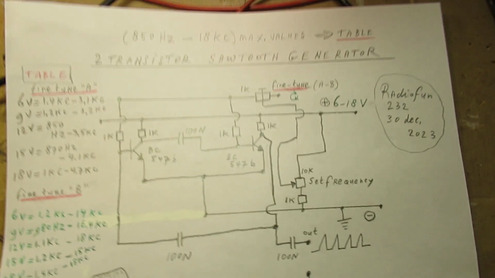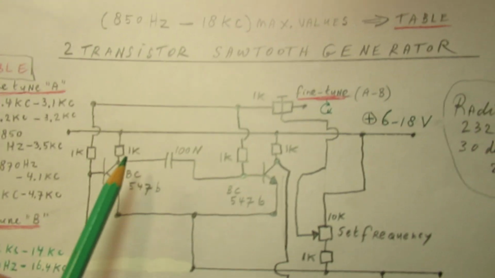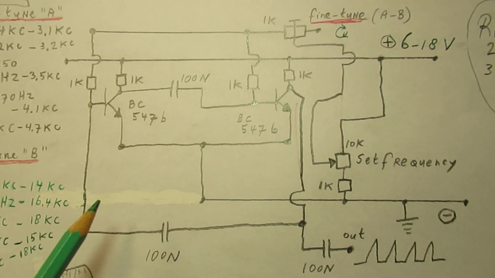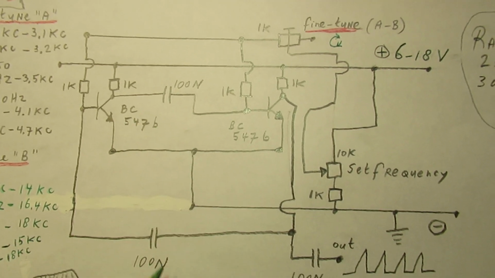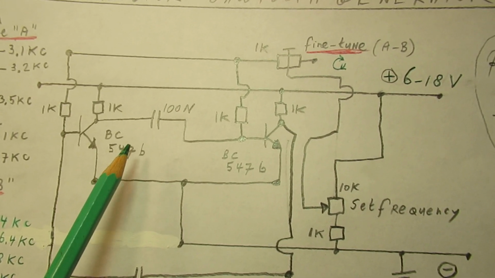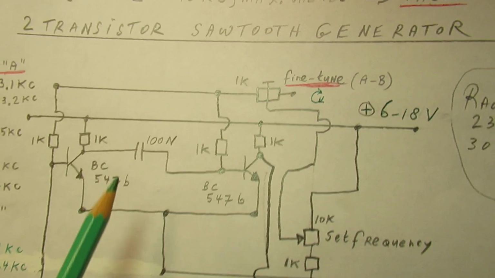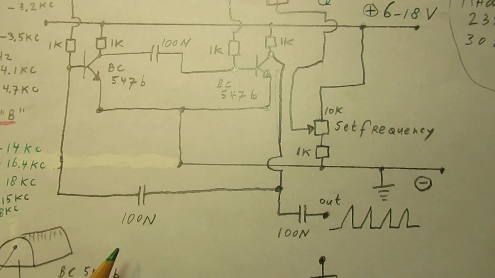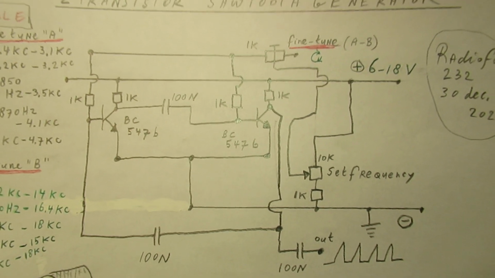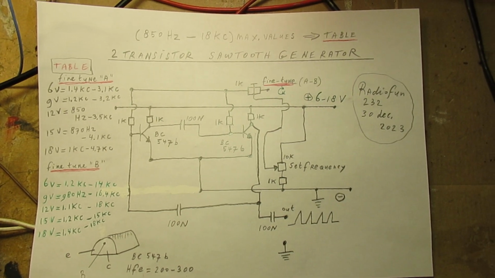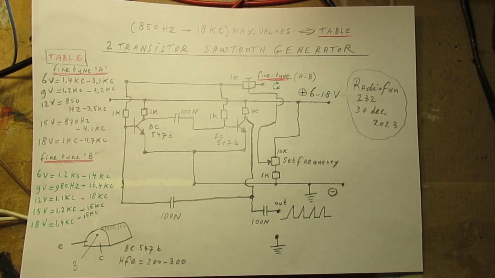By the way, of course, when you change the value of these 2 capacitors, you go to other frequency bands. Say 10 nanofarad here, or 470 nanofarad. 10 nanofarad, you will get to higher frequencies. 470 nanofarad, you will go to lower frequencies. That's completely logical. Test, try, develop, etc.